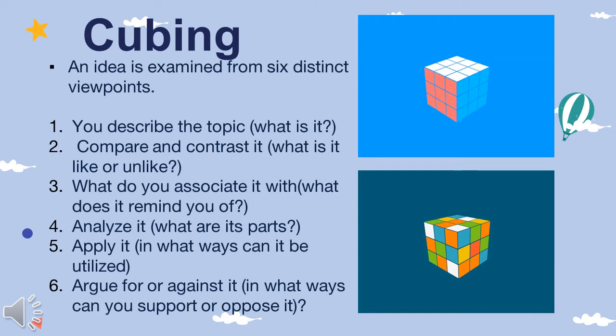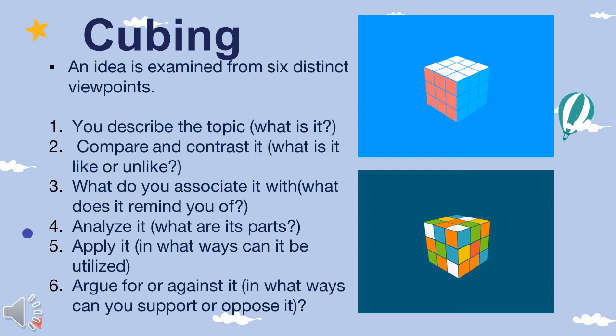The third kind of brainstorming list is what we call cubing. Here, it is an idea examined from 6 distinct viewpoints, and actually it is derived from the physical appearance of Rubik's Cube. Since I have mentioned that there are 6 distinct viewpoints, these are the things that you need to figure out.